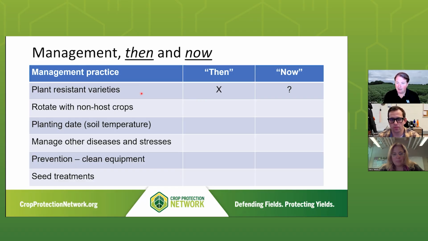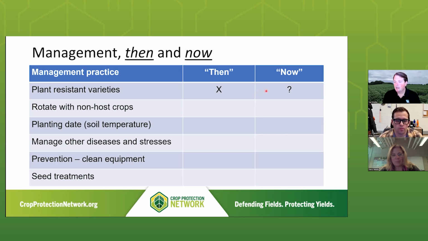And so I've got an X, and for now I've got a big question mark. Certainly I don't think they had all the answers in Louisiana in 1980 and 1990 from varieties, but they were able to identify some varieties that were different, some that had a little bit more resistance and some that were more susceptible. I don't think anything was completely resistant, but they were able to get some of that information.